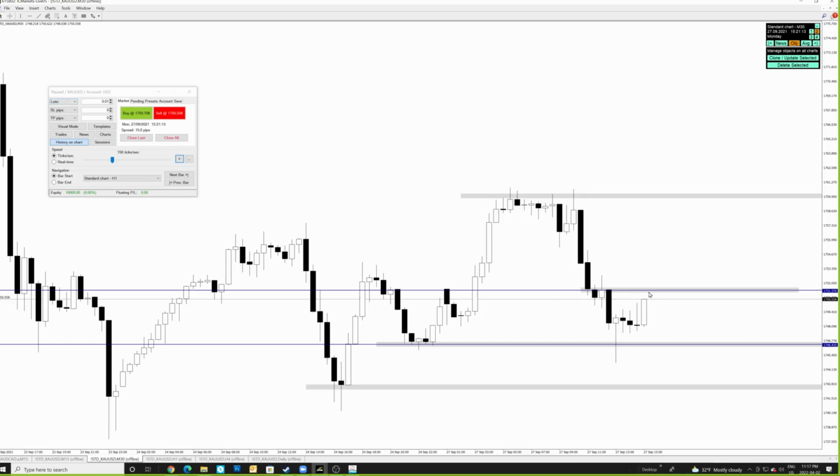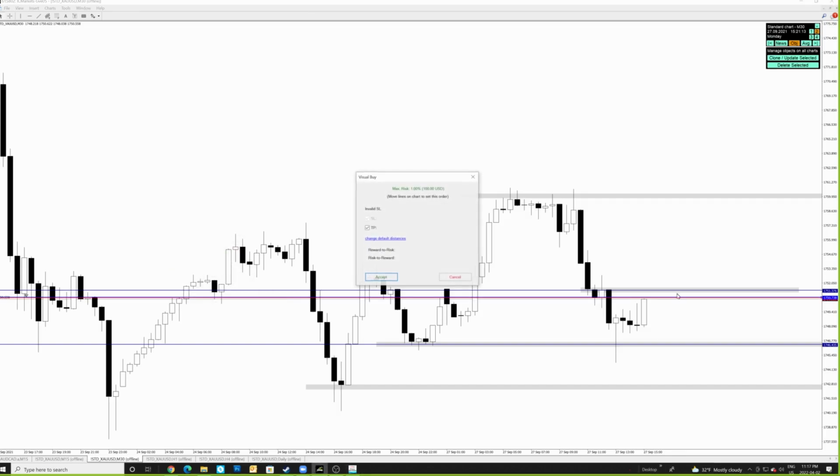Even though we have a zone, zones are only broken when there's a lot of volume in the market, like New York Open, we have news events, we have a host of all other things happening at that point. So I think this is going to be a good idea to maybe go with a 1% risk stop loss.